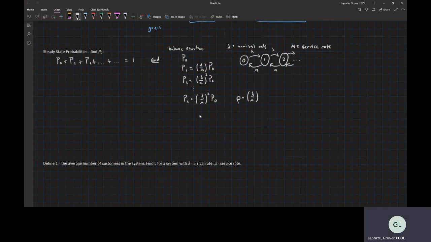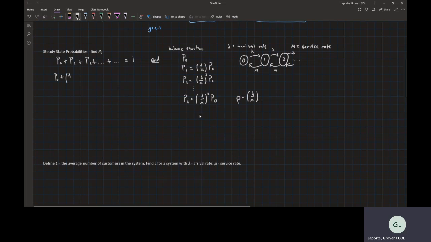So now we want to go back and see if we can derive or find a value for P0. That's the idea now, we just want to come up with a value for P0. So start off by writing out a couple of these. P0, we don't know what P0 is, so we have P0, and then I can turn P1 into terms of P0.